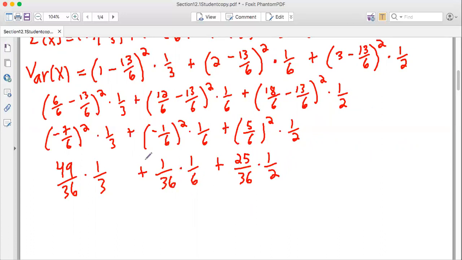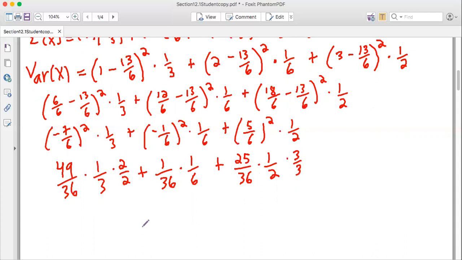So what I can do is go to the first thing before multiplying it and multiply that by 2 over 2, which is just the number 1, so it's a safe move to make. I haven't really changed it, just modified it a bit. And for this last set of fractions, I have 36 times 2 in the bottom, so I'd have to multiply that by 3 over 3. Now, all of these denominators are 36 times 6.